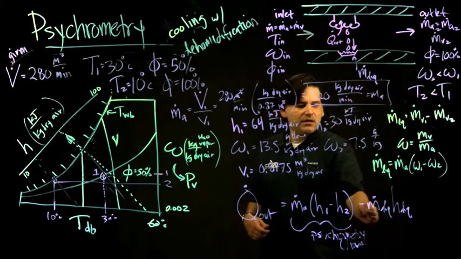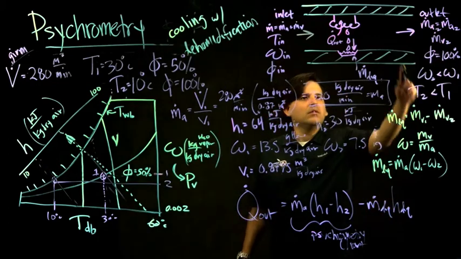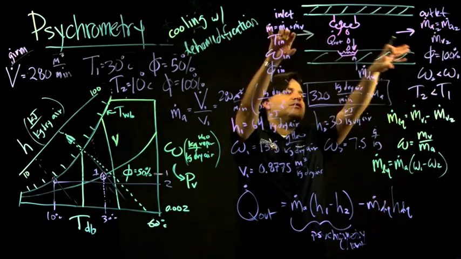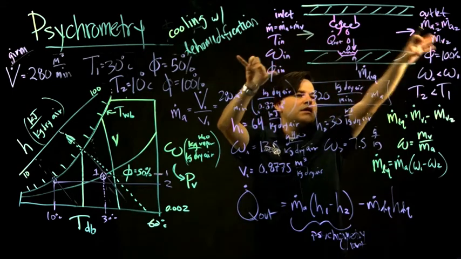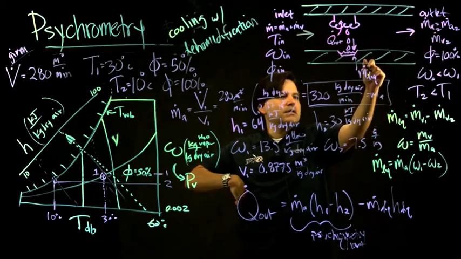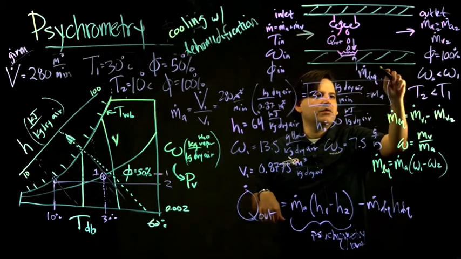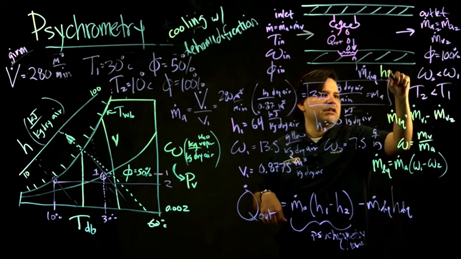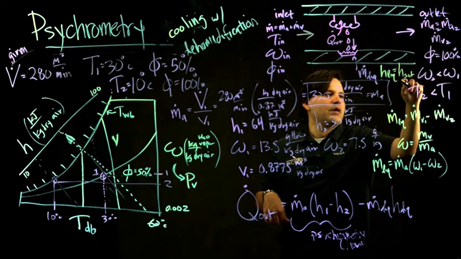Okay, so that's here. All right, what about the enthalpy of the liquid? Well, these are the three streams. There's one coming in, some liquid water coming out of the system, and some moist air leaving the system at a different state. This liquid water is a saturated liquid, so H liquid equals the saturated liquid property.